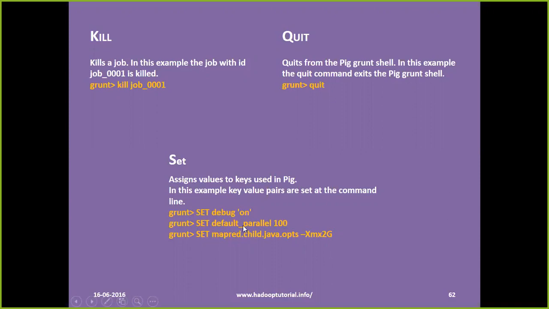This means this property sets 100 reducers in parallel by default. And this will set mapreduce.child.java.opts, so that either map or reduce tasks that get submitted in the background use a maximum of 2 GB memory for each of those tasks.